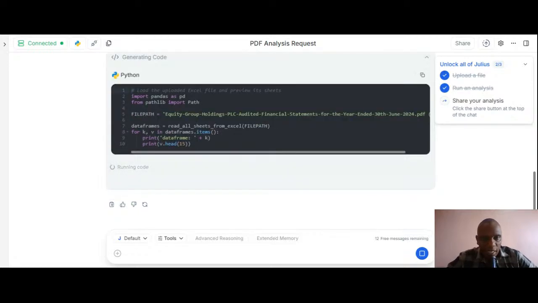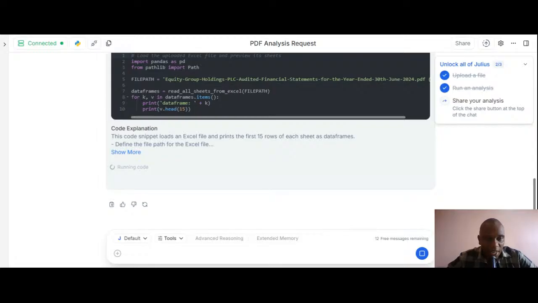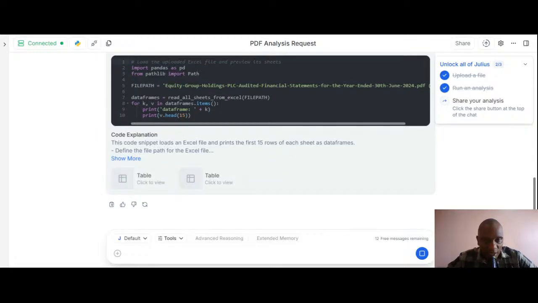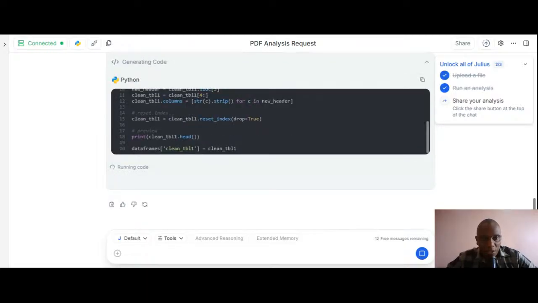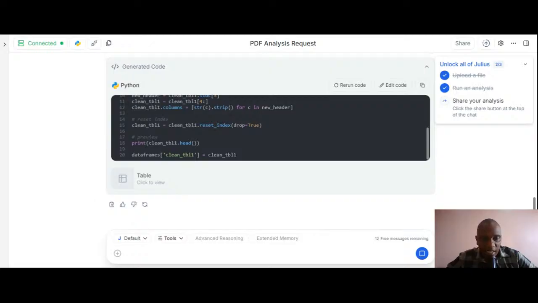It has started by developing Python code, and it tells you the reason why, because I told you the good thing about it is that it uses Python, ChatGPT, and Excel to try and analyze data for you. So we're still waiting to see what we are going to get.